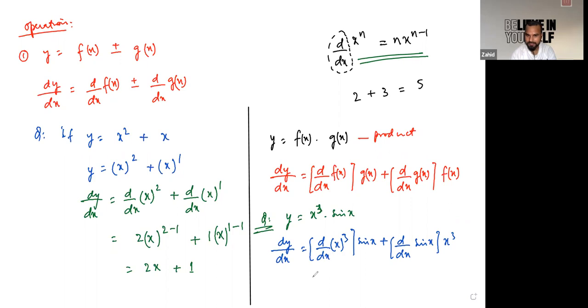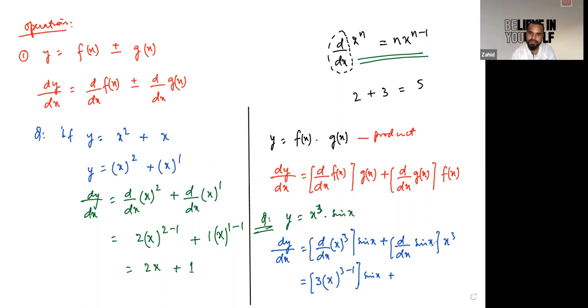Now we have to apply for each part. First is x raised to n, where n is 3. So according to the formula, it will be n x raised to n minus 1. And we are differentiating just this part only, and sine x is just multiplied with it, so keep it as it is.